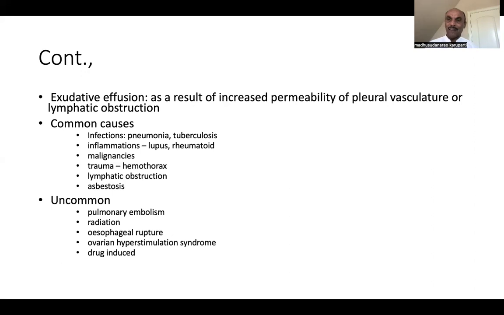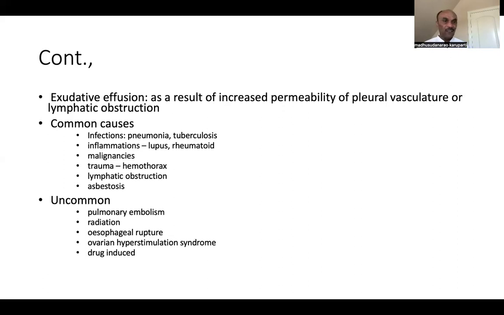This results in the movement of the protein-rich fluid into the interstitium, which increases the interstitial oncotic pressure, thereby pulling more water into the interstitium. That results in the exudative type of pleural effusion.